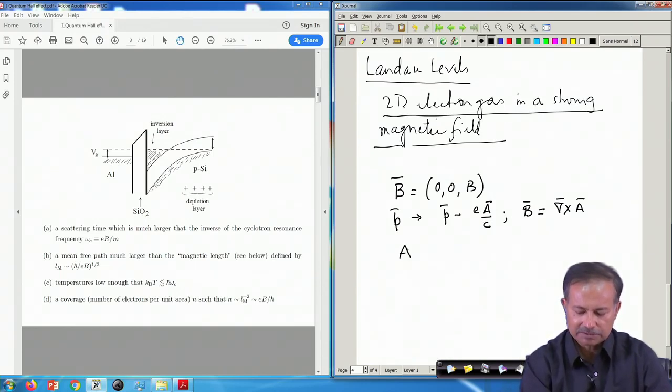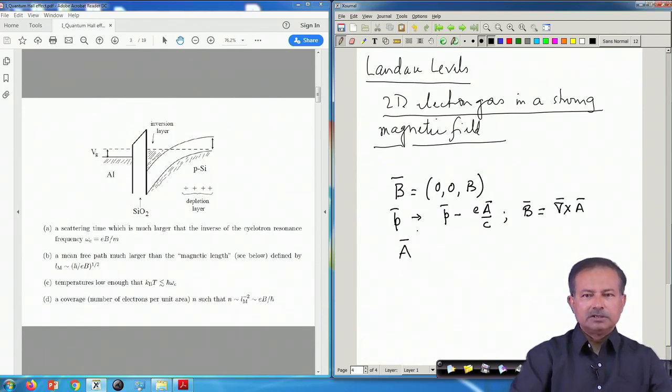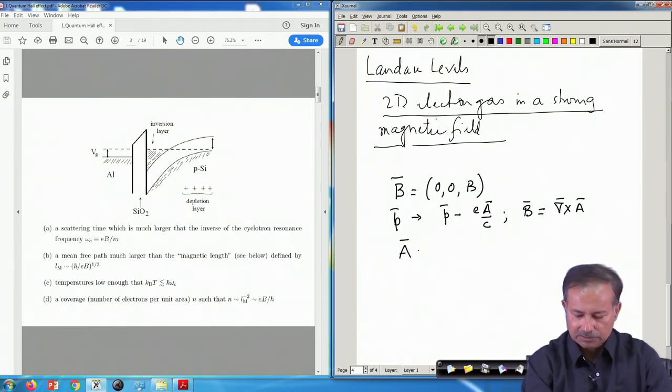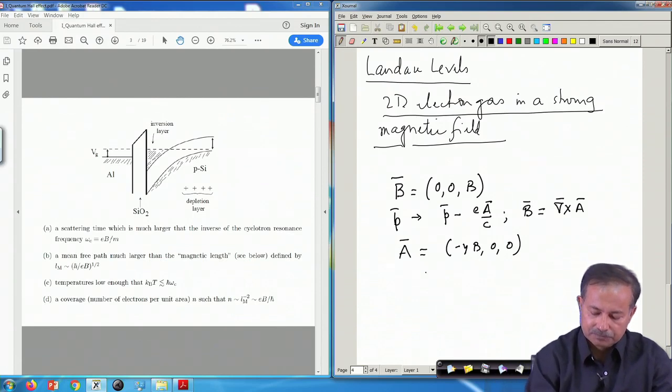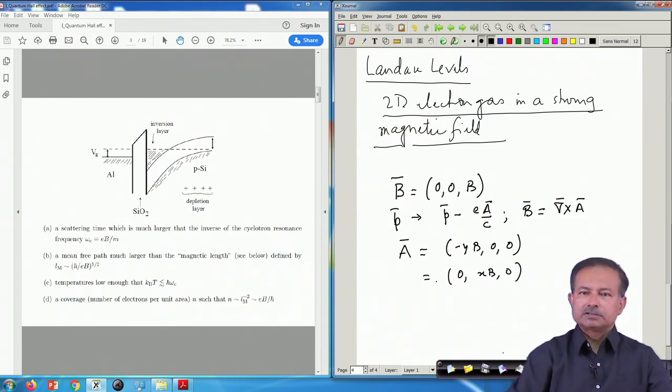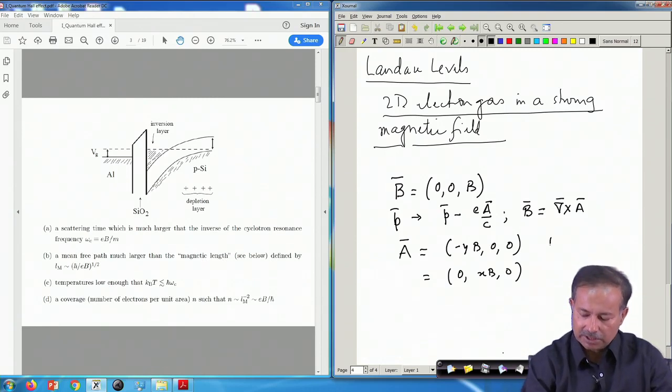A of course, we remember from electrodynamics, you can choose in several ways. There is a freedom of gauge choice. So, one choice is that A you can choose as minus y B, 0, 0, or you can choose in another way, 0, x times B, 0. Both the choices are perfectly all right. This is called the Landau gauge.